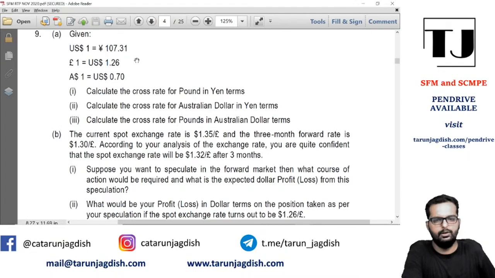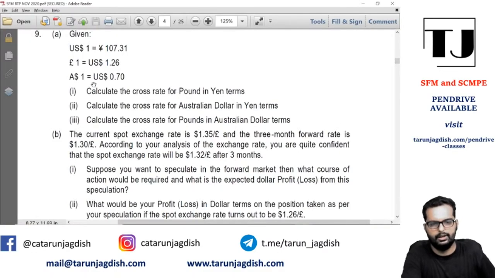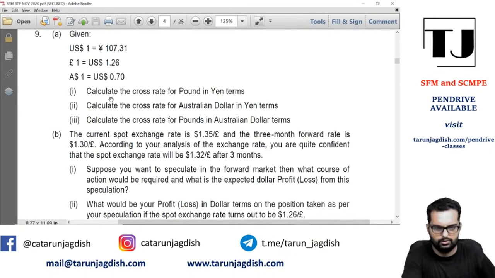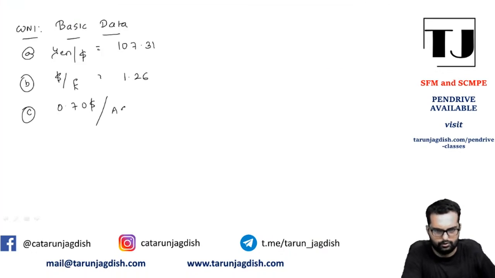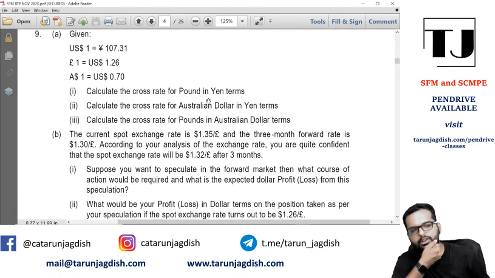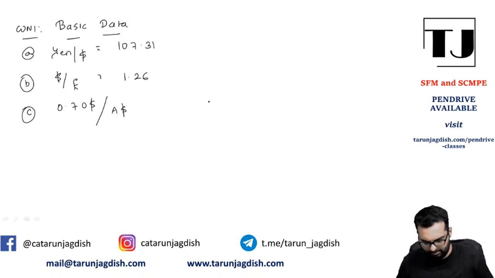Then they have given 1.26 dollar per sterling. And the next thing they have given is 0.7 US dollar per Australian dollar. Now from this they're asking you to find out the cross rate for pound in yen terms. We'll do that one by one. Can you write down the basic data in your books now?